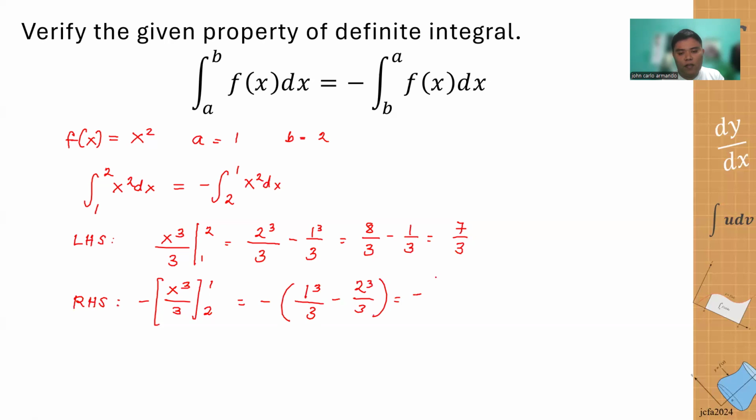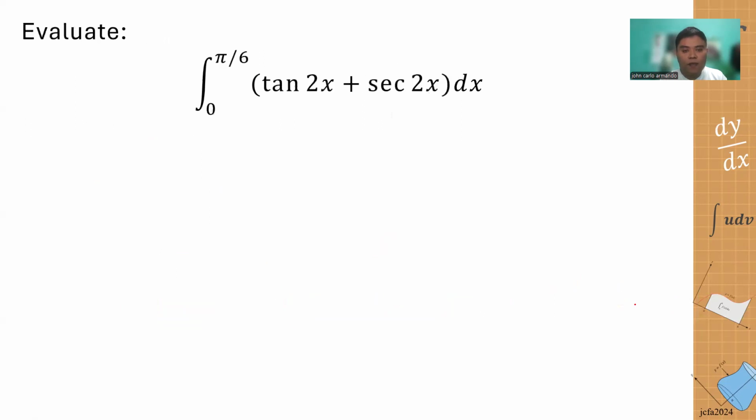And that is equal to negative 1/3 minus 8 over 3. So that's negative 7 over 3, and the result is also 7 over 3. So we already verified that this property of integral is correct, because the left-hand side is the same as the right-hand side. Okay? So let's have the next one.